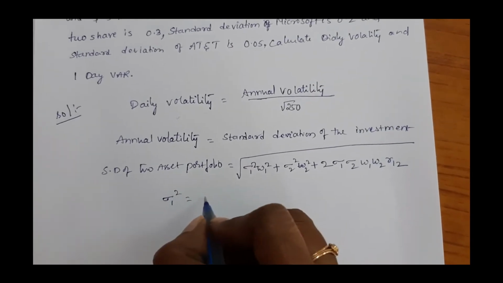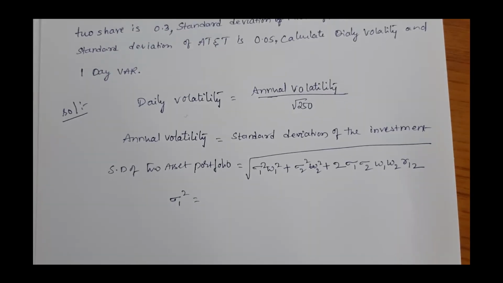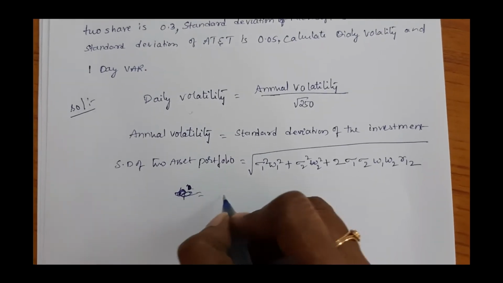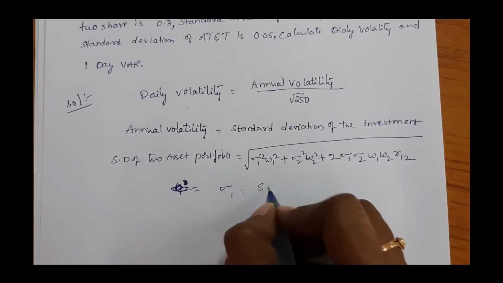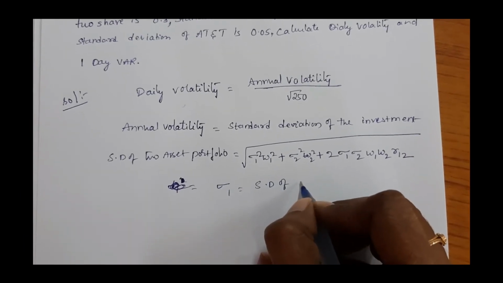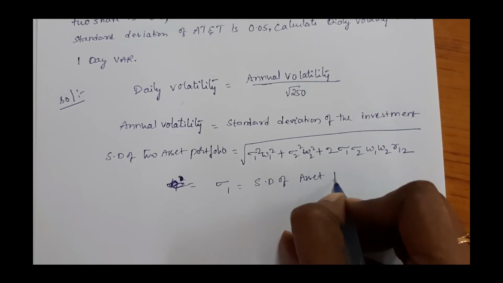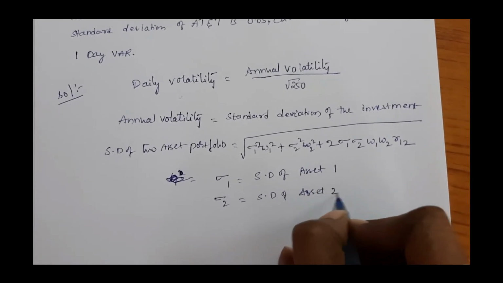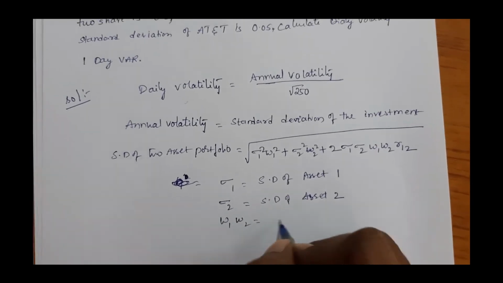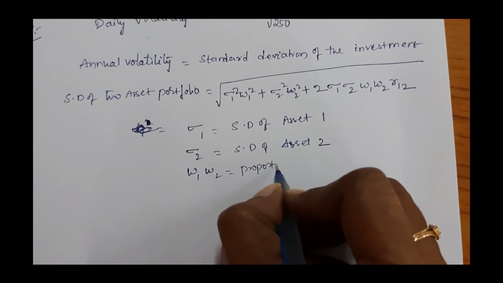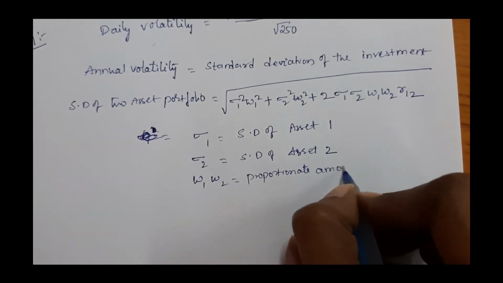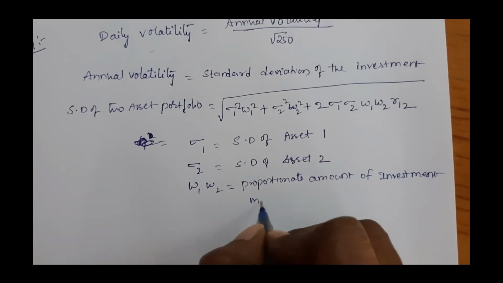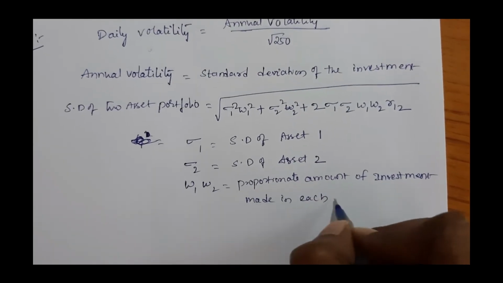So sigma 1 square represents sigma square, sigma 1 represents standard deviation of asset 1, then sigma 2 represents standard deviation of asset 2, w1 w2 represents proportionate amount of investment made in each asset.